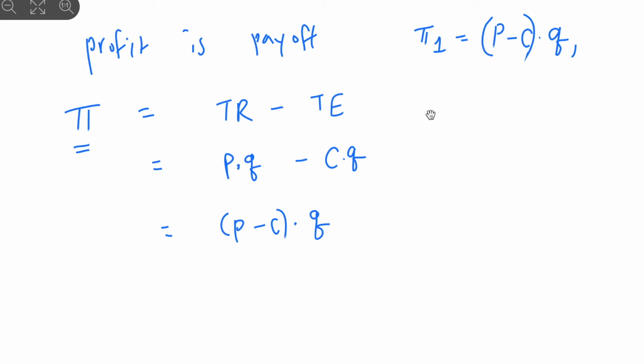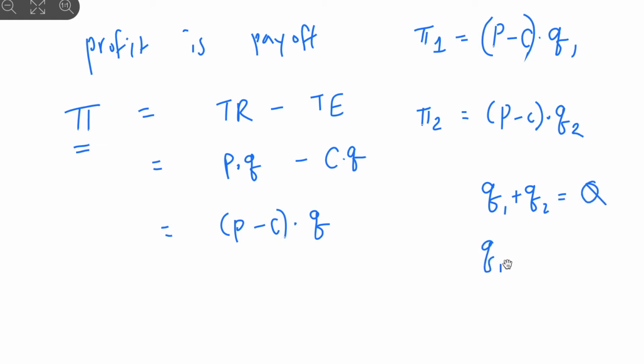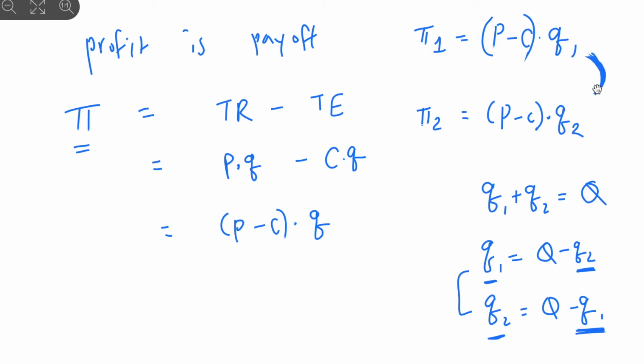And for the payoff of Firm 2, Shell, it is equal to P negative C times Q2, right? And we know that Q1 plus Q2 equals big Q, so we can substitute Q1 with total Q minus Q2, or Q2 with Q minus Q1. So what we're saying is Q1 depends on Q2 and Q2 depends on Q1, right? They are interactive, right?